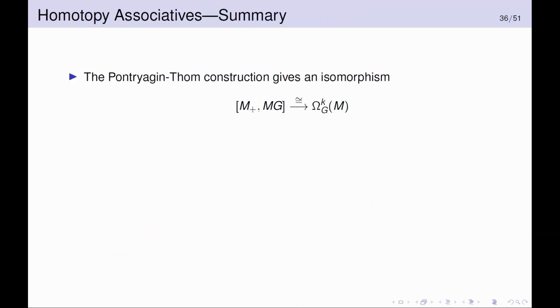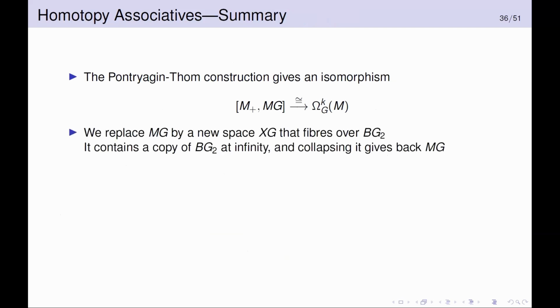Okay, let's summarize. We have the Pontryagin-Thom construction, which identifies submanifolds with G structures, or rather the cobordism classes with homotopy classes of maps. It's always helpful to go into homotopy somewhere, makes life easier sometimes. And now we want to mimic this, and therefore we replace the space MG by a space XG, which fibers into BG2, and then we basically repeat the construction.